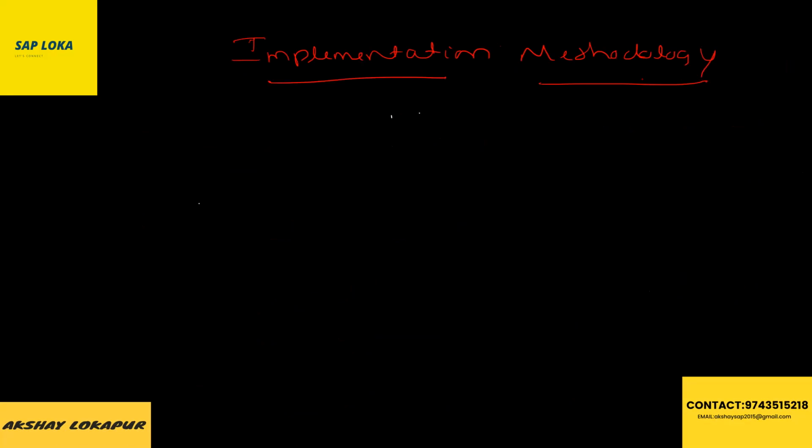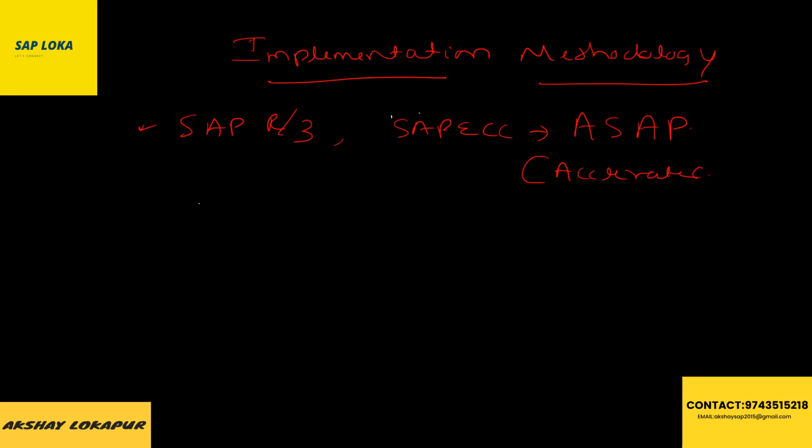How we are going to implement, however we want, we cannot implement. So in SAP R/3 system, how we are going to implement SAP in SAP ECC using ASAP methodology. ASAP means Accelerated SAP methodology. This method we used to follow.